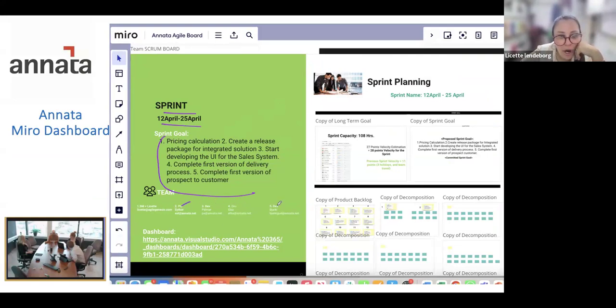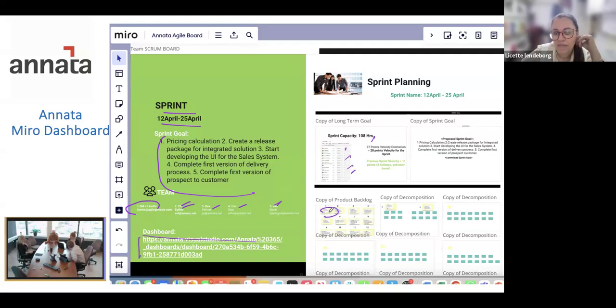You remember Barky? This is Barky, this is Miss Elsa, Mr. Palmer, Mr. Aether, and this is me, Miss Lisette. This is the link from the dashboard, and these are the team capacity.